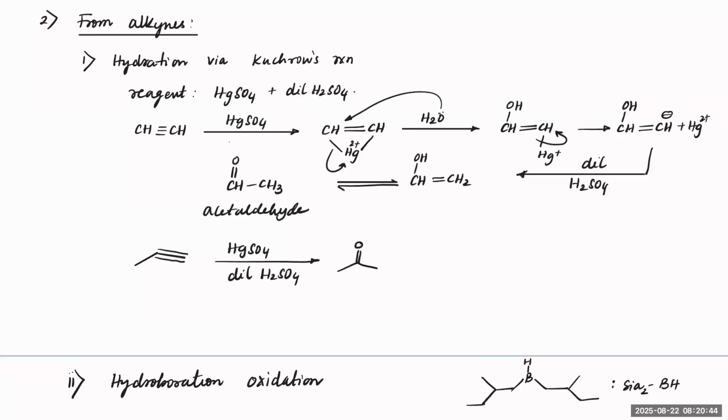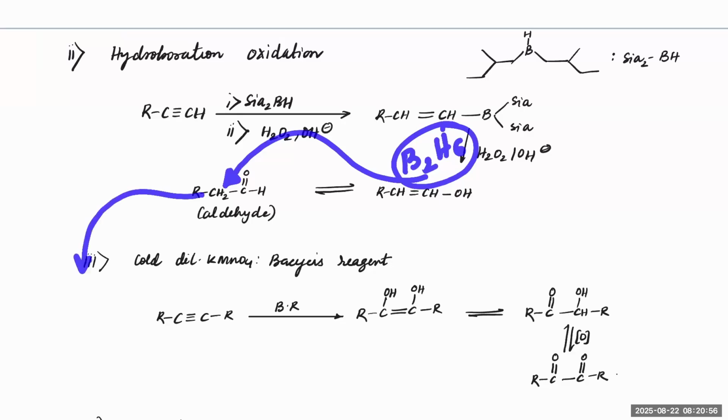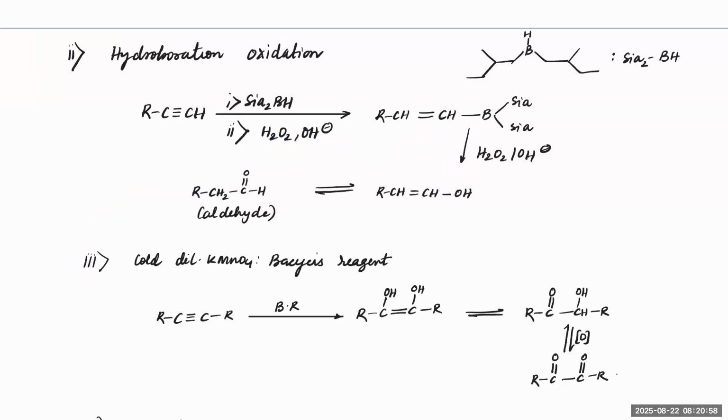Yes, sir. Next, hydroboration oxidation. The problem with using B2H6 directly is that it can also reduce aldehydes further into alcohol, and we do not want that. So instead of B2H6, the alternative reagent is Sia2BH, that is disiamylborane, secondary isoamyl boron hydride.